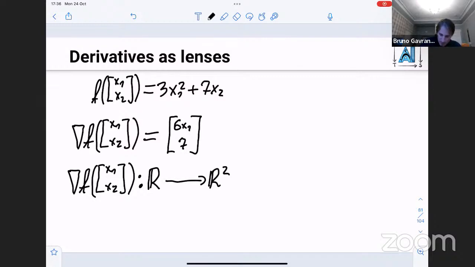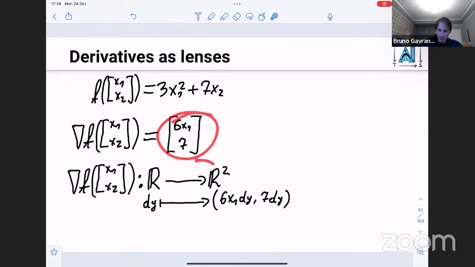So what does that mean? Well, given some change in the output, which I'm going to call here dy, I could have called this whatever I want, it's going to be mapped into 6x1 dy, 7 dy. So this is really merely turning any matrix into a linear map. So this map is not just a function, it's additionally a linear function.